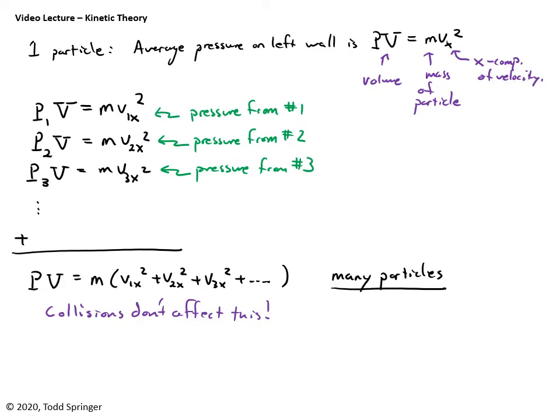And so even if the particles are all colliding with each other, the total x momentum is not changed. So the total momentum in the x direction is never changed by any collisions. So I have the same amount of x momentum being changed by the wall, regardless of the collisions of the particles.